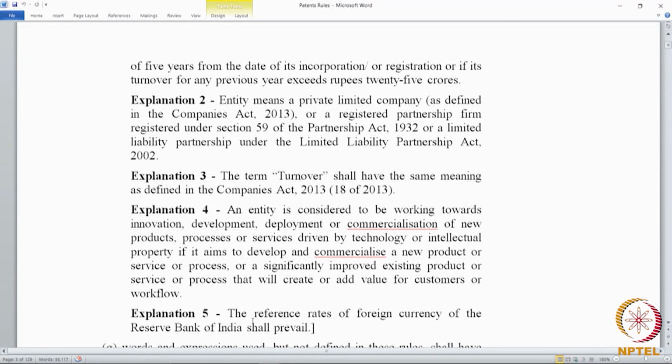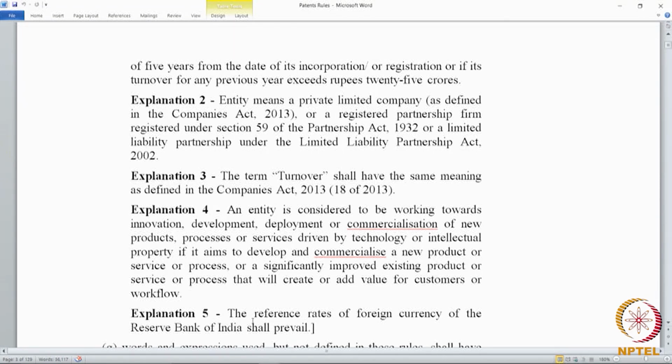It just says that the entity should aim to develop and commercialize new products, services or processes, or significantly improve existing products. It is not a mere or an incremental improvement, it has to be a significant improvement. So, again these are with regard to what is significant. Again, because the entity will now have to file Form 28, it will be reasonable for us to expect that the controller will be taking a call on that.